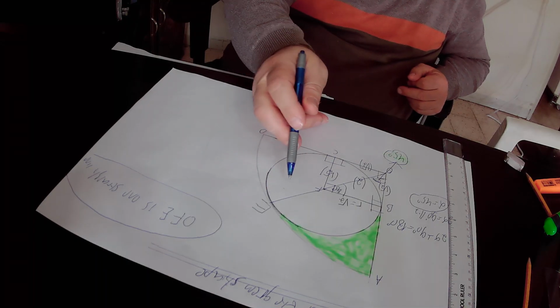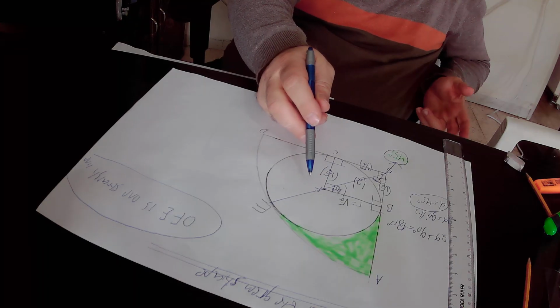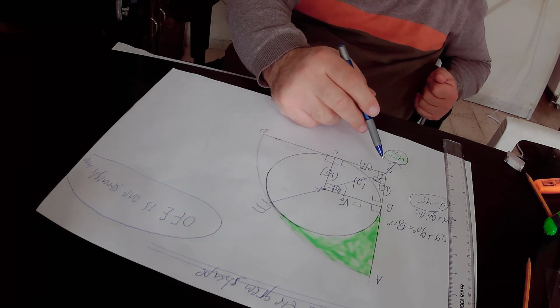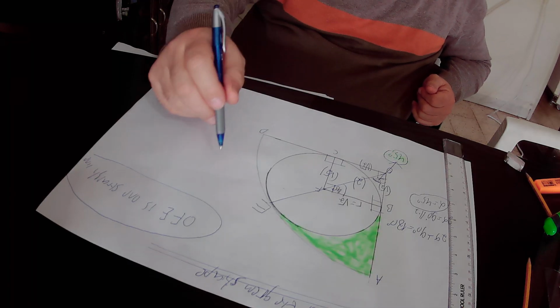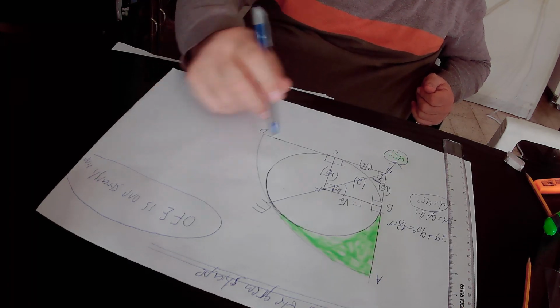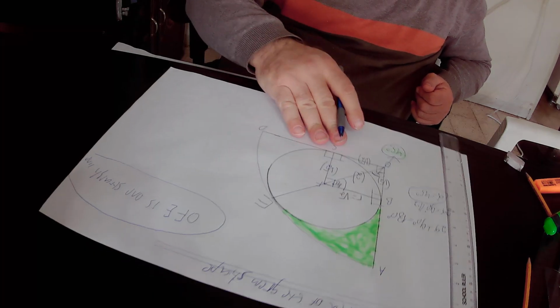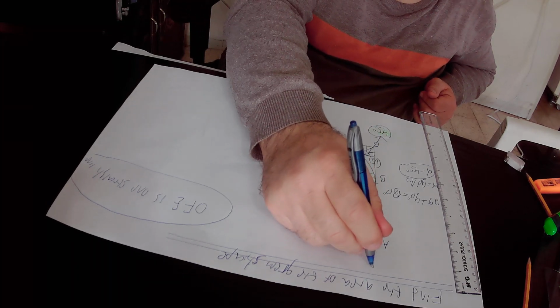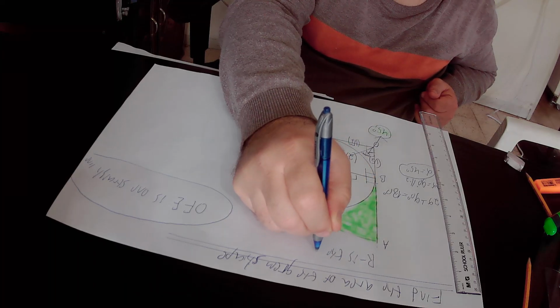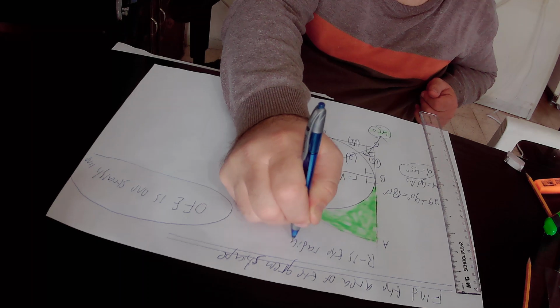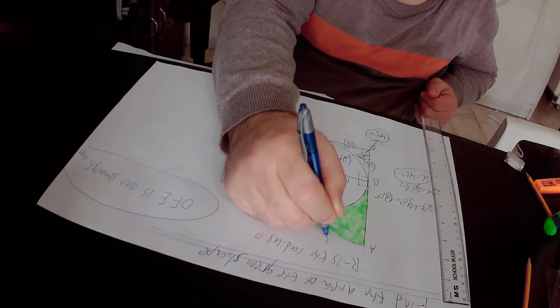So OFE is the radius of the big circle. We define the radius of the big circle as capital R. So I write it here: capital R is the radius of the big circle.